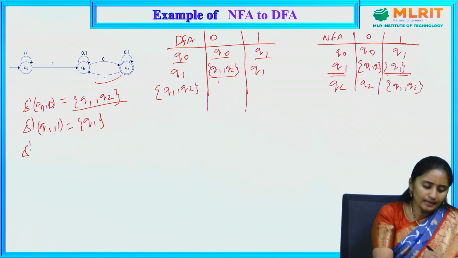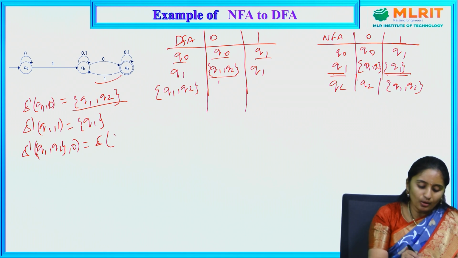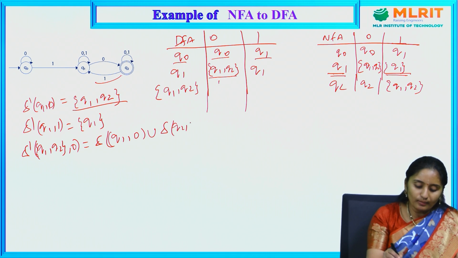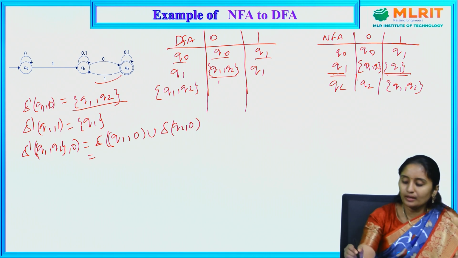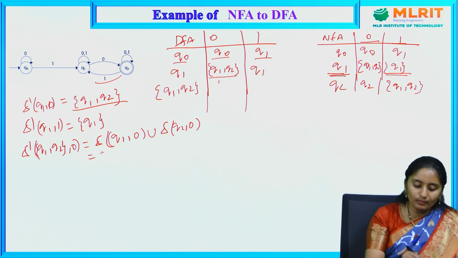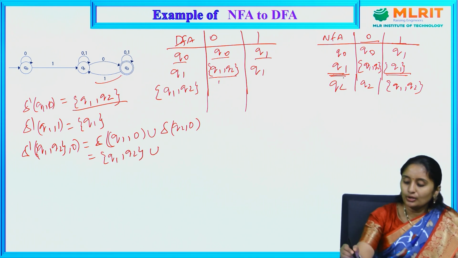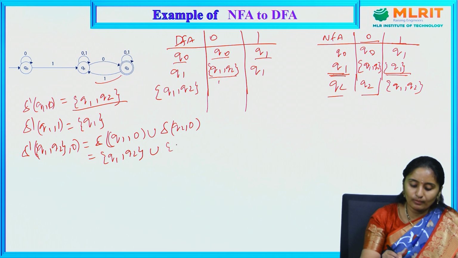Next, delta dash of Q1, Q2 on 0 input. So delta of Q1 comma 0 union delta of Q2 comma 0. Q1 comma 0 gives me Q1, Q2, union Q2 comma 0 gives me Q2.